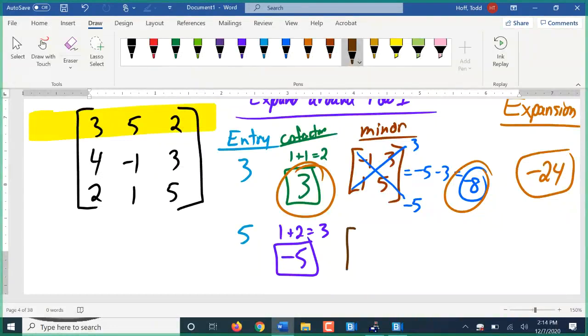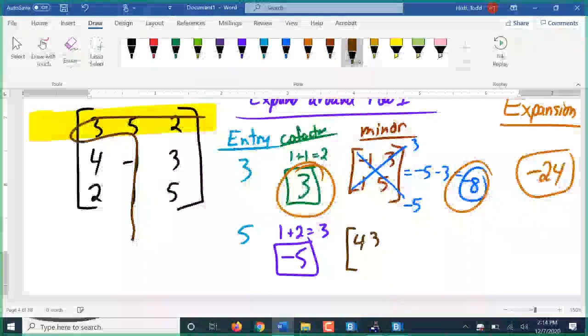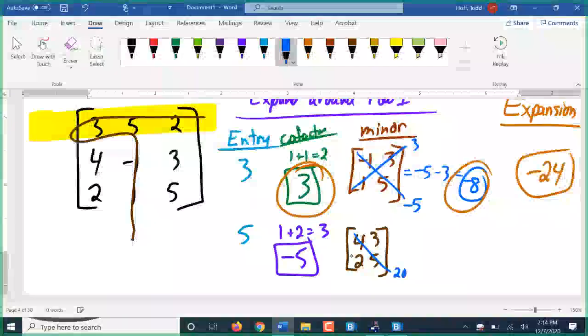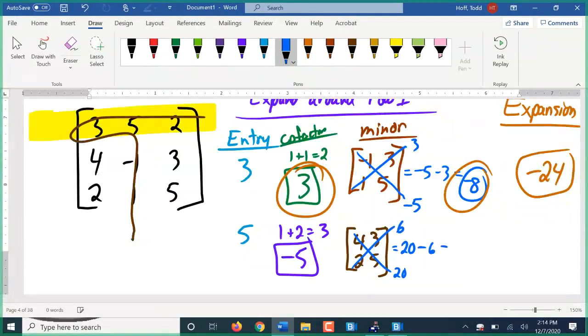A minor there, if I cross out that row and that column, is 4, 3, 2, 5. And I find that determinant. 4 times 5 is 20. 2 times 3 is 6. 20 minus 6 is a 14. So the expansion negative 5 times 14 is a negative 70.